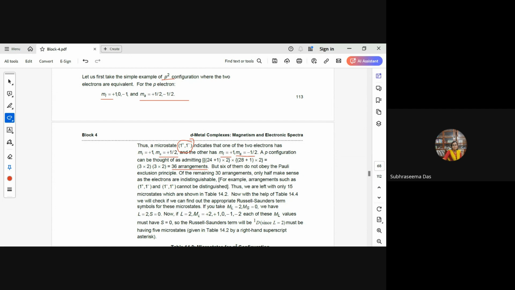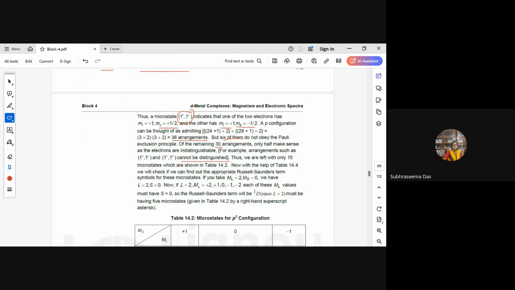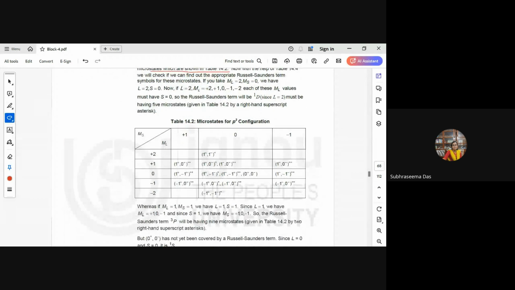However, among these 36, 6 of them do not obey the Pauli exclusion principle. After discarding the 6, of the remaining 30 arrangements only half make sense because the electrons are the same and we have not separated the electrons. For example, 1 plus and 1 minus, and 1 minus and 1 plus, are indistinguishable. So only 15 such microstates are possible for p2, and thus it is indicated here.